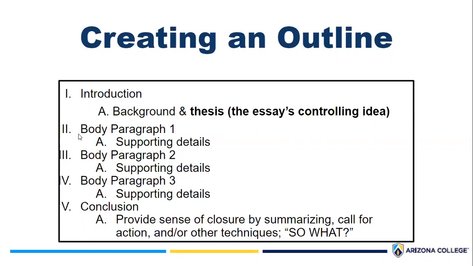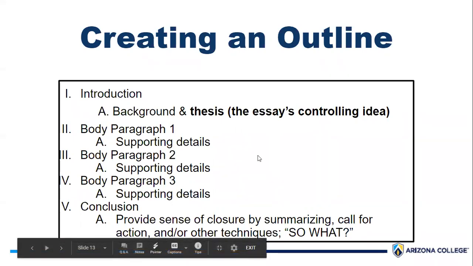And then you have body paragraph 1 with supporting details. So each paragraph will contain one idea that contributes to the thesis or supports it in some way. For Skylar's example, right, if we're talking about the culture of Japan, what were the three?